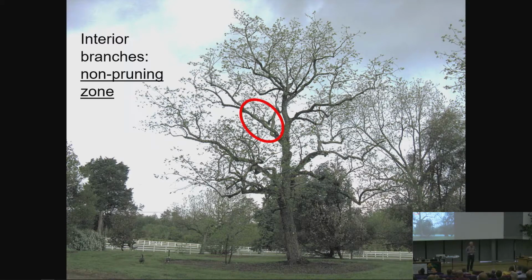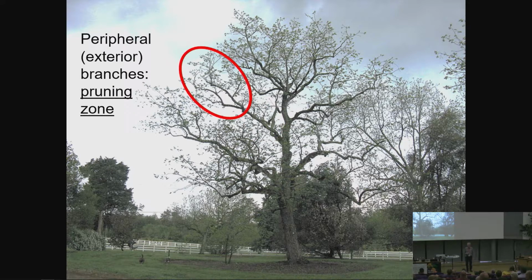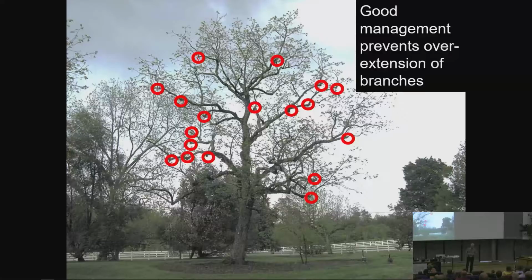So then interior branches, those are typically the ones we leave on the tree. There was a good example or two of some lion's tail trees by the speaker from Hong Kong today. So this is exactly the opposite of that. This would be retaining the low interior branches. And then the periphery branches, this is the pruning zone, typically where most of arboriculture is performed out there.